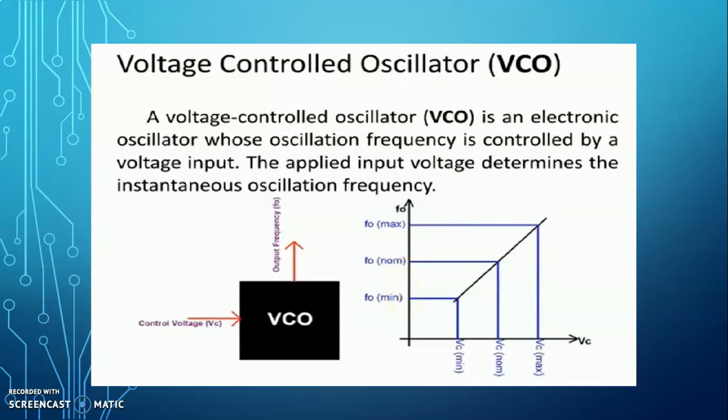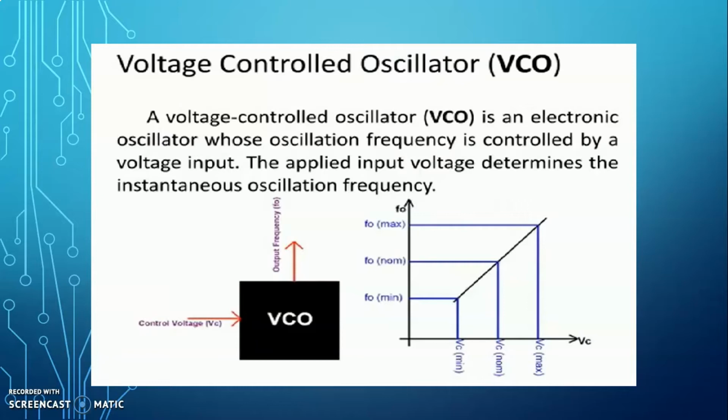By using the voltage controlled oscillator, we can tune the output signal frequency in the range of a few hertz to several megahertz. In conventional oscillators such as Hartley oscillator, Colpitts oscillator, Wien bridge oscillator, RC phase shift oscillator, etc., the frequency of oscillation of the output signal is controlled by varying the value of resistor and capacitor manually.